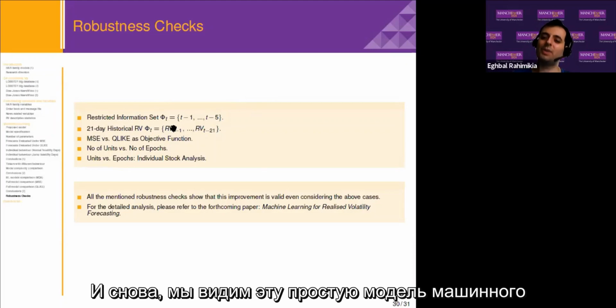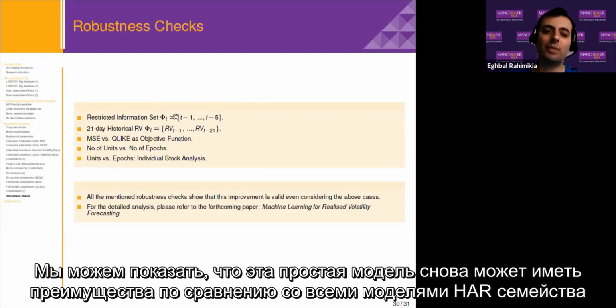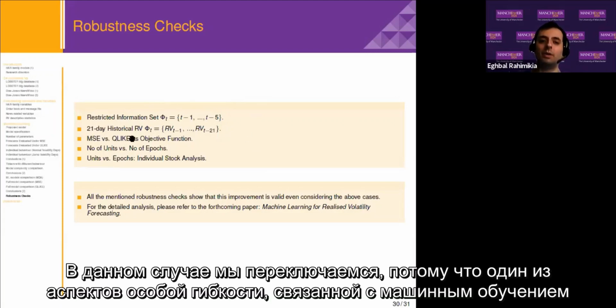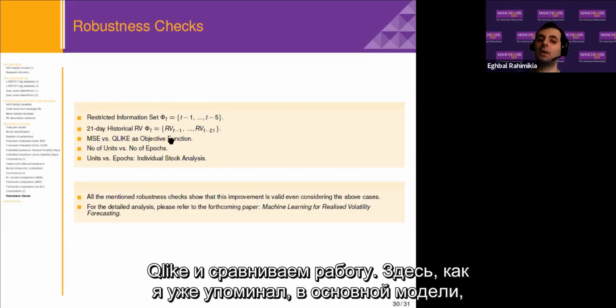This is a simple model in machine learning because it's just using one variable, not a high dimensional environment of variables. And we can show that this simple model again can beat all those Haar family models. Here we are switching, because one flexibility behind machine learning is the training function or loss function. We are switching from mean square to Q-like and comparing the performance.